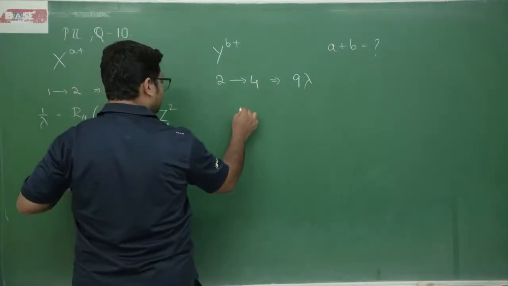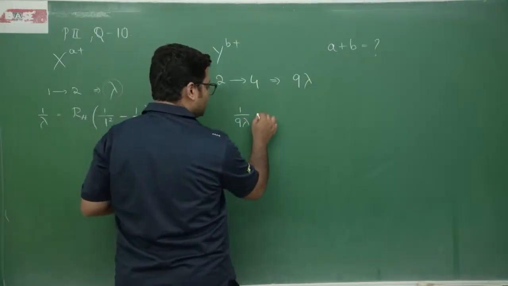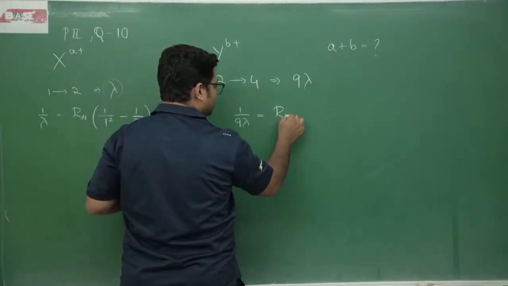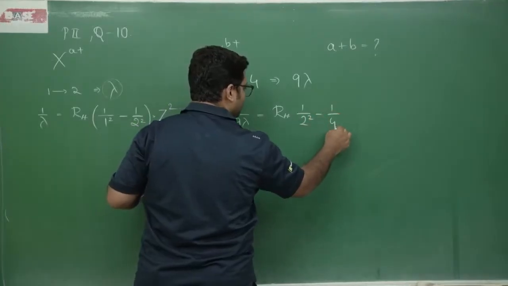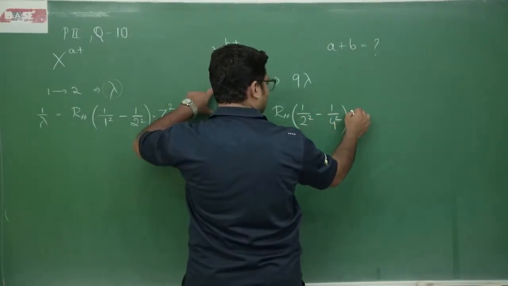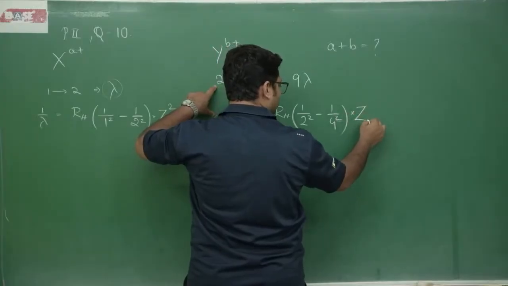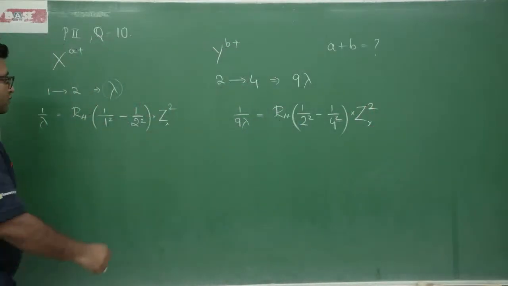In the same way, the reciprocal of wavelength, which is 1 over 9 lambda, should be equal to Rydberg constant times 1 over 2 square, which is 4, minus 1 over 4 square, multiplied with its atomic number Z of Y square.